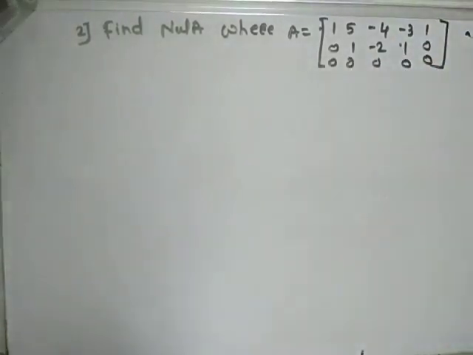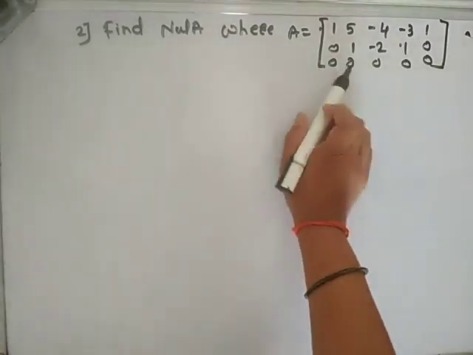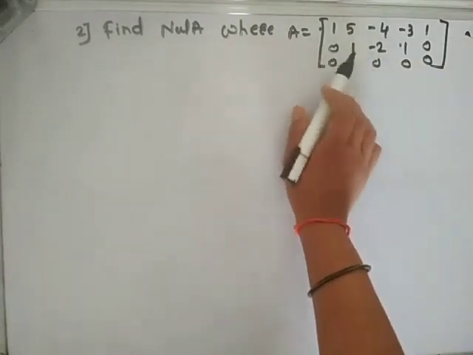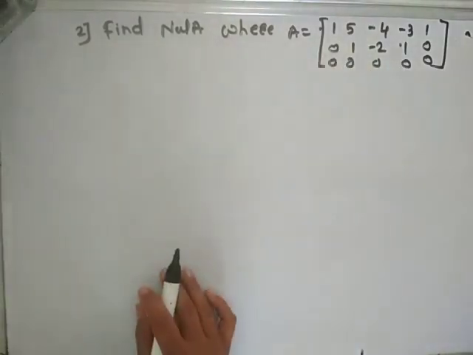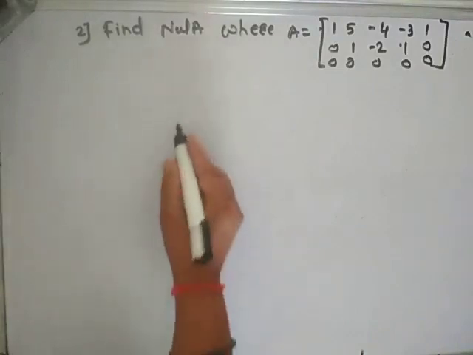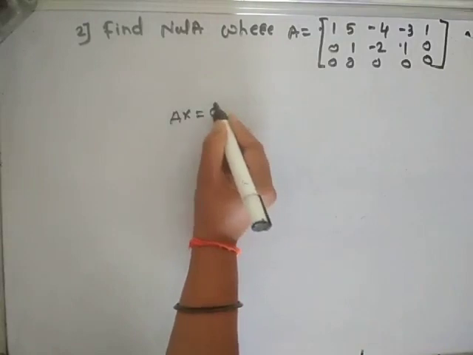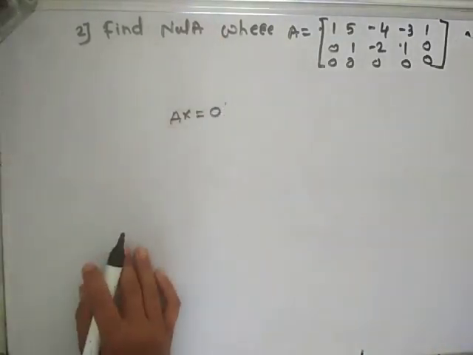Okay. This is very simple. This matrix is already in row echelon form. We just have to solve Ax equals 0.